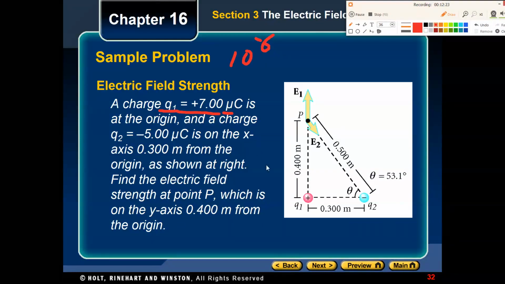Q2 is a negative charge, 5 microcoulomb, and the distance is 0.3 meter. Another one on the y-axis is 0.4 meter. So we figure out the point P. At this point, the electric field, because we need to use the superposition principle we talked about in the previous section.